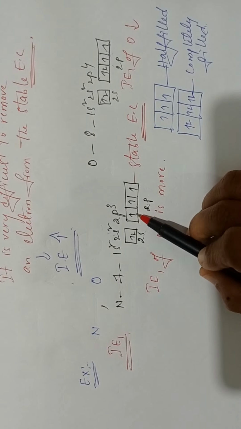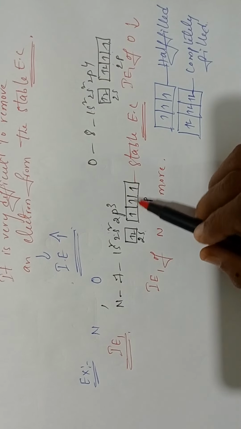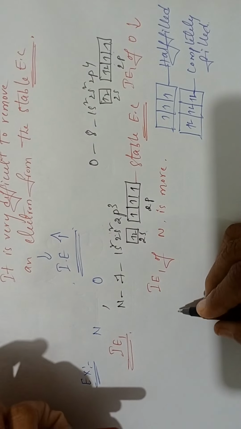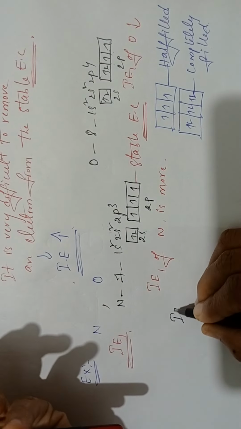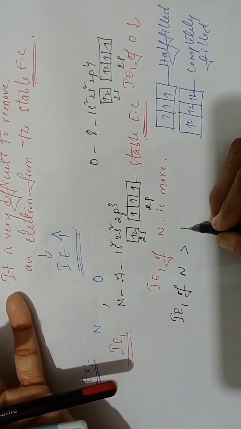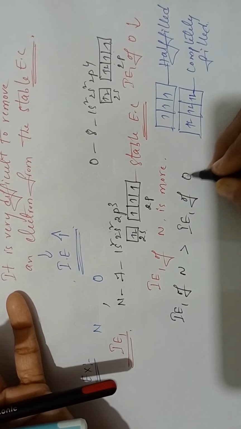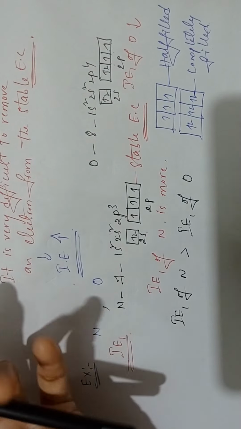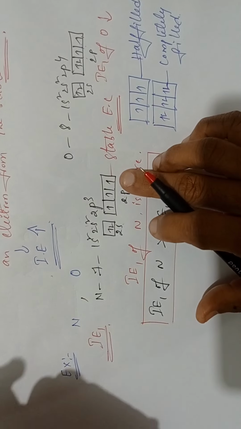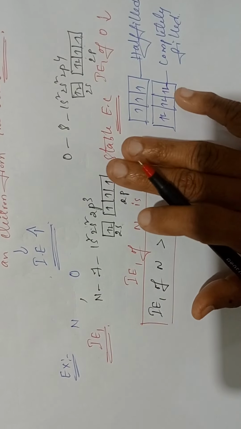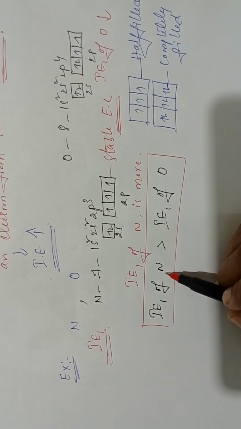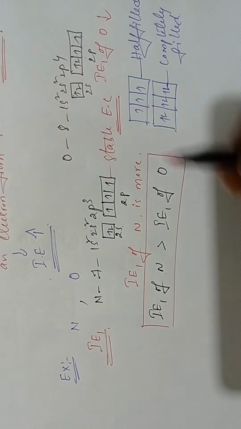That means IE1 of oxygen is less. But nitrogen has the stable electronic configuration, so it is very difficult to remove the electron and more energy is required. So finally, IE1 of nitrogen is greater than IE1 of oxygen.